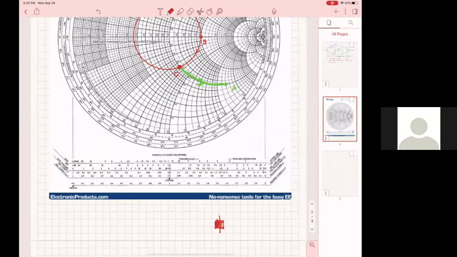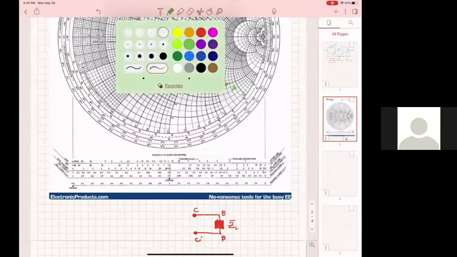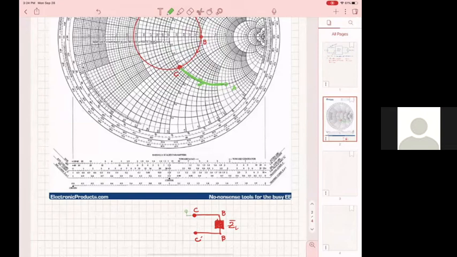Okay, that's my load, normalized, and that's point B. And then I move along the constant VSWR circle until I go to point C. And at point C, I add a stub, like the green one. And the stub I add gets me to point A.